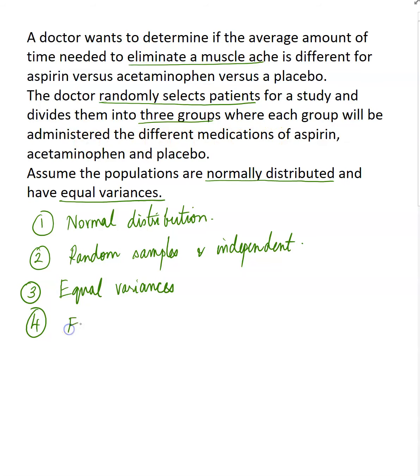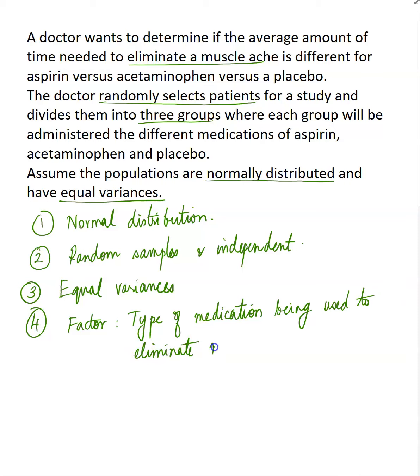So the factor is the type of medication being used to eliminate muscle ache. So it's type of medication, which means aspirin, acetaminophen, placebo. These are all qualitative, right? So it's categorical.